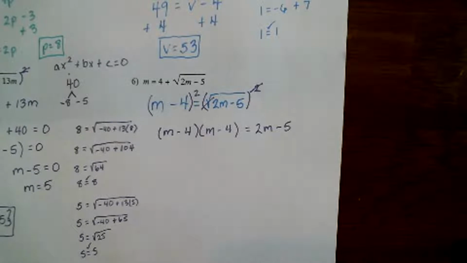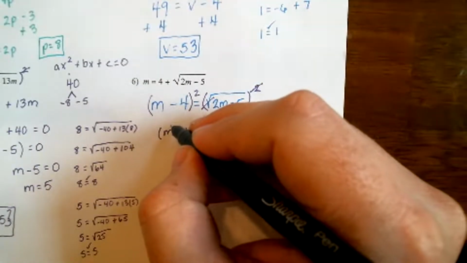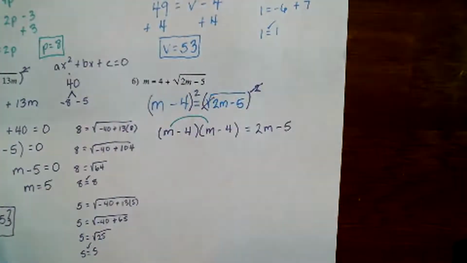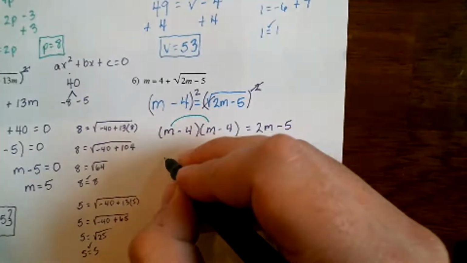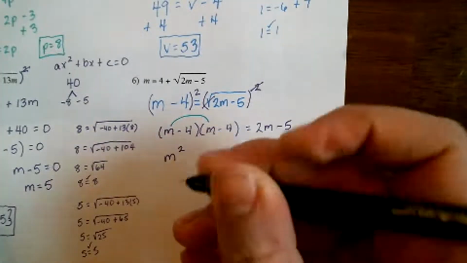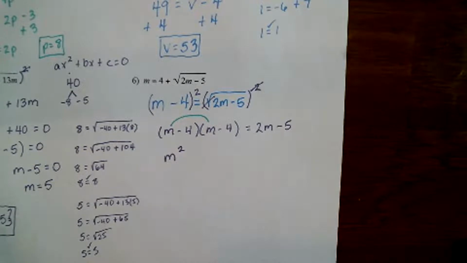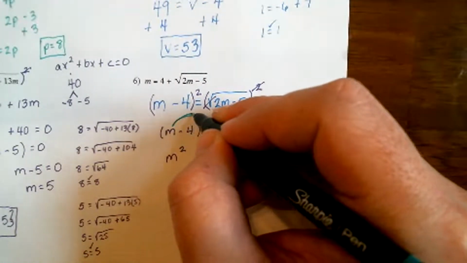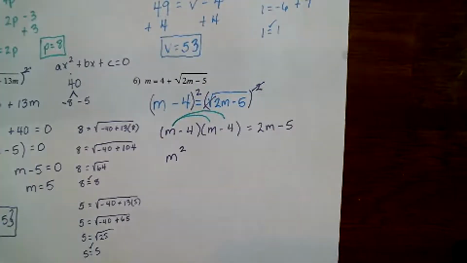So let's FOIL it up. First, m times m is m squared. Outside, m times negative 4 is negative 4m.